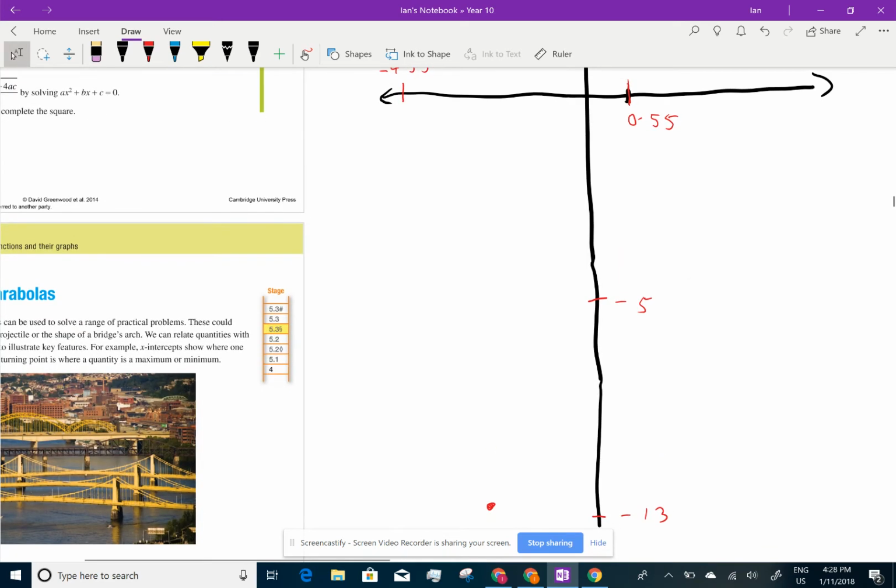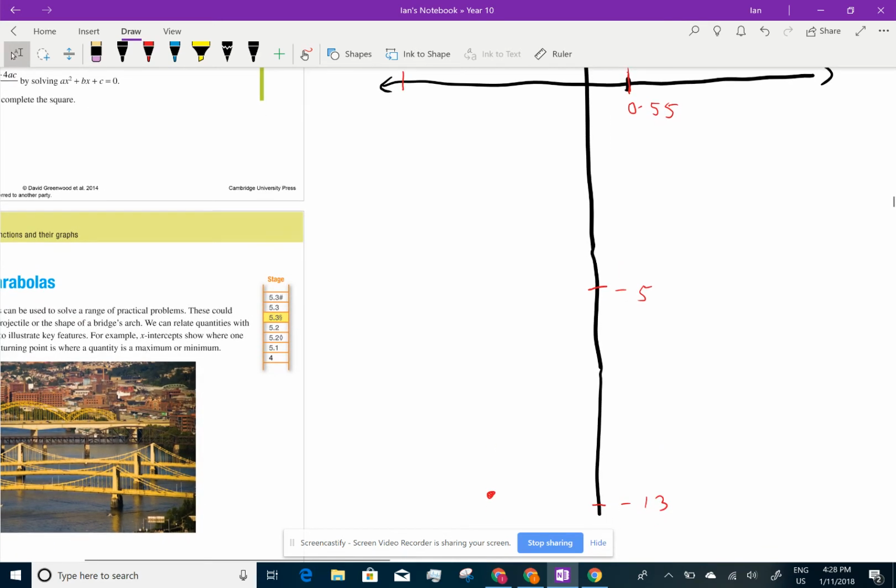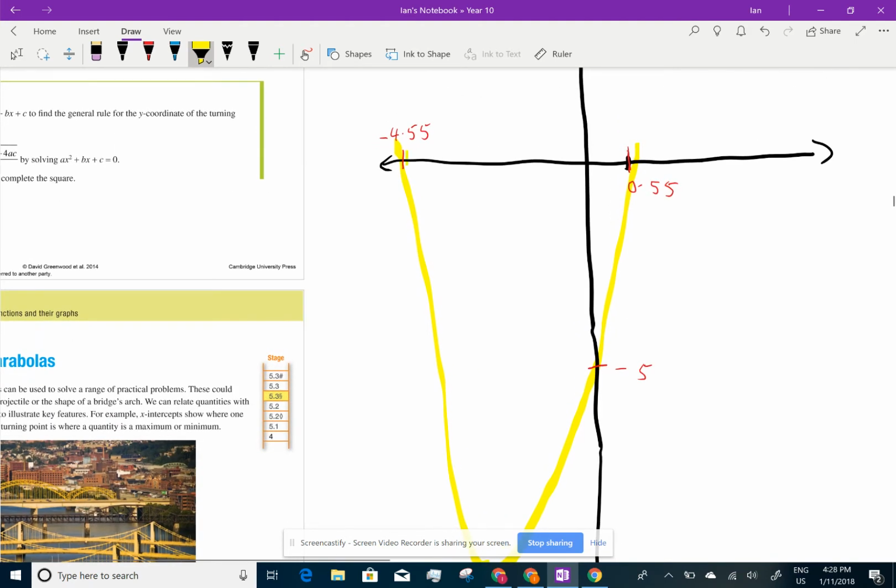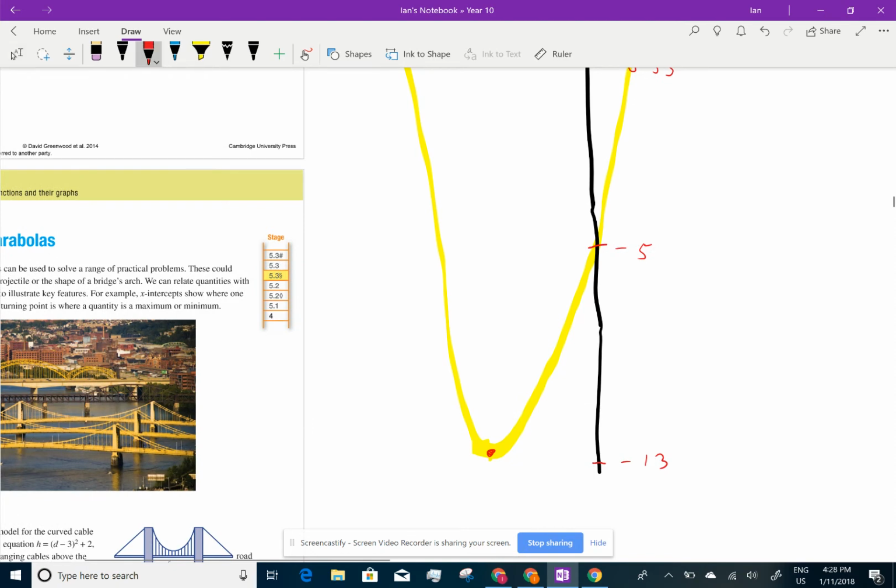And my curve, therefore, goes there, and there. And there's my first parabola. That was a hard one, that first one. Have you got all the salient points? Oh, I better label the vertex: negative 2, negative 13.